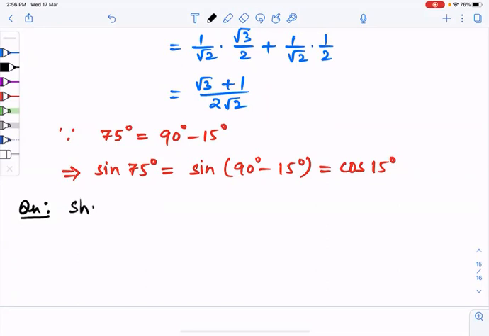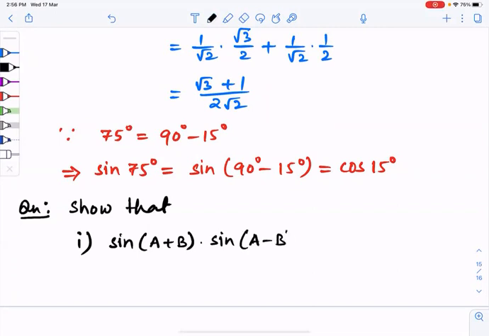Show that number 1, sin(A+B) into sin(A−B) equals sin²A − sin²B.